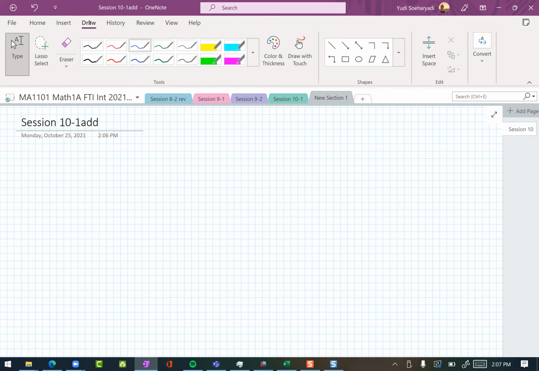Here we start with, given a function that looks like this one. Now the function may also have some discontinuity.